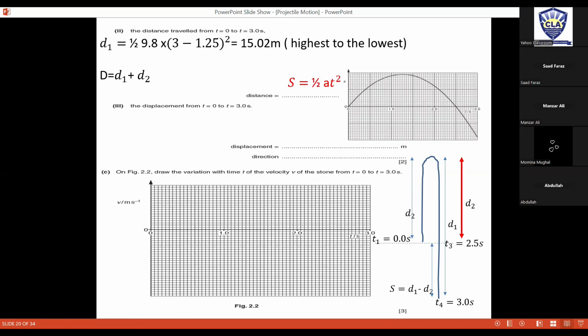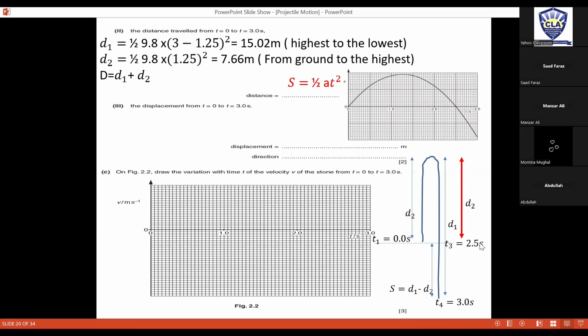So D1 will be from highest to the lowest. And D2 will be from highest to a time of 2.5, that is after time interval of 1.25 seconds. Because this is the time at the highest point was 1.25 seconds.